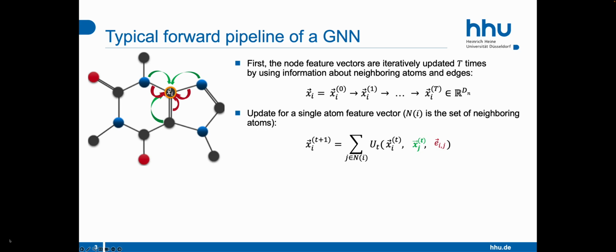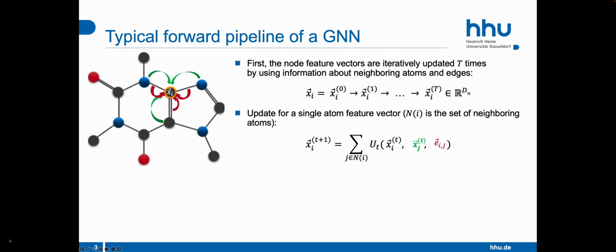This means if we update vector x_i again, we again only use atom feature vectors that are one step away, but because those atom feature vectors also contain information about all atoms that are one step away from these atoms, we can actually get information from atoms that are 2 steps away. And if we repeat this process, we get even information from atoms that are further away.